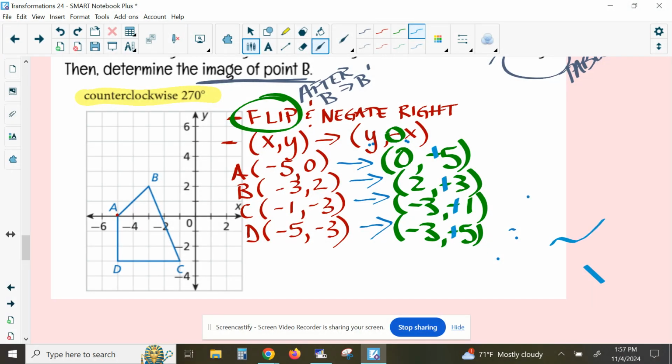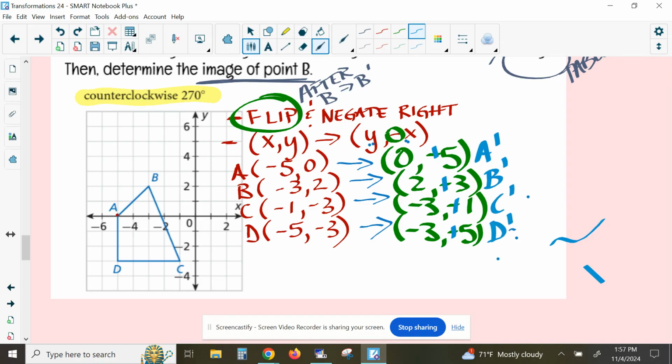Now it just happened to be that all those were negative, but that won't always be the case. If something was negative, I would have changed it. Okay, and now I have all my new points. This is my A prime, my B prime, my C prime, and my D prime.